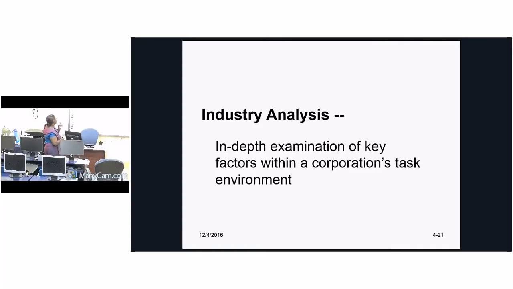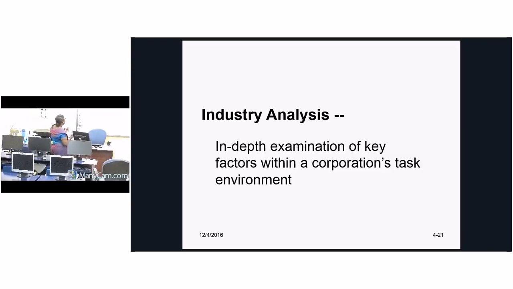Now the task environment consists of different parties called government, customers, suppliers, different interested groups, trade associations, etc. So if you do an analysis on these factors, it is called industry analysis. It is a part of environmental scanning. Understood?